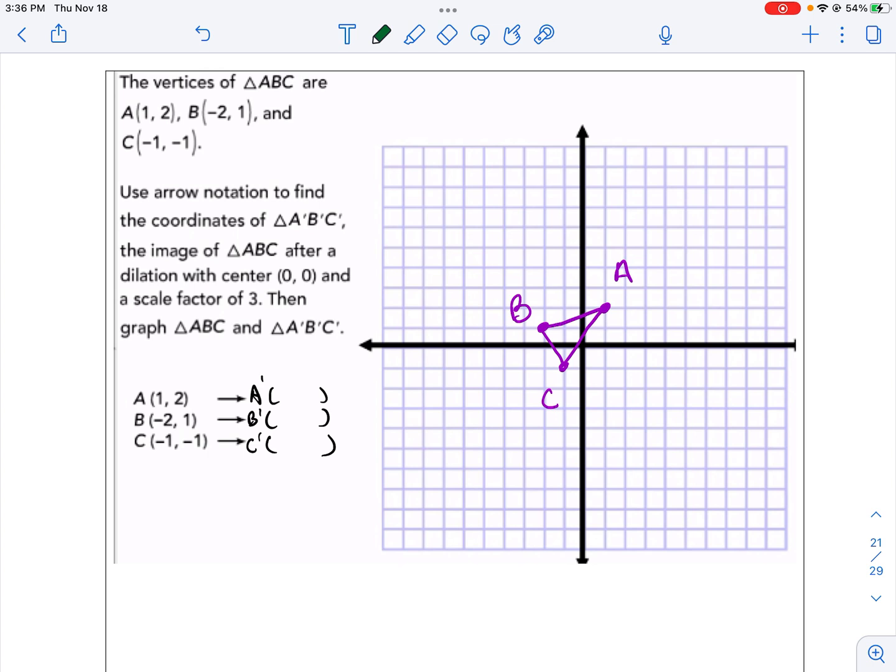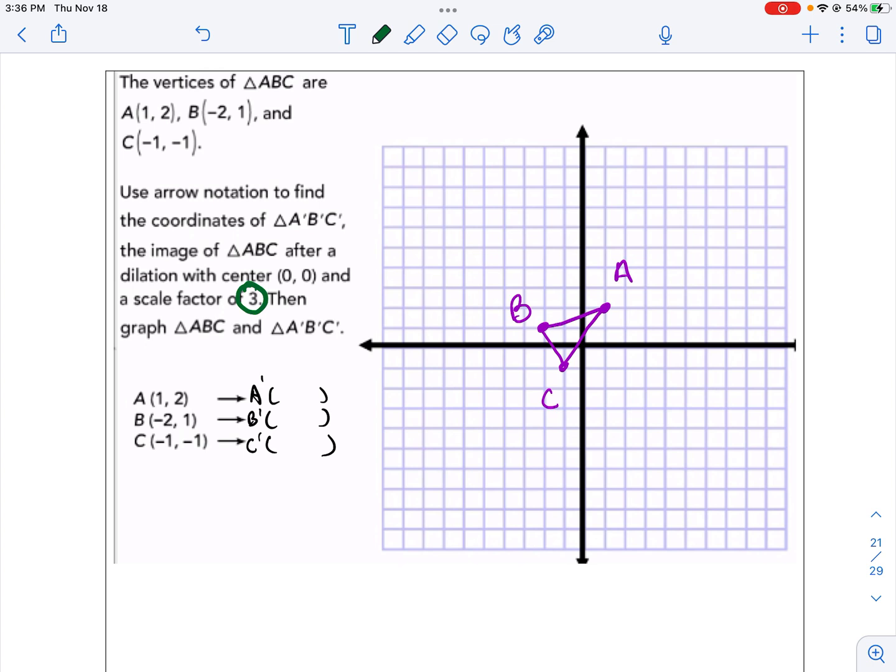Now we're given vertices. We want to give it a scale factor of 3, so we're making it larger. We want to find the vertices of the image. So the original point A, the coordinate is 1, 2, which I have plotted. You should plot that as well.